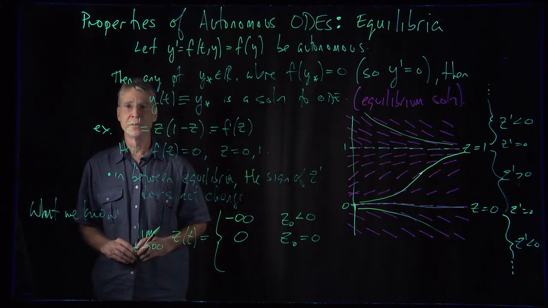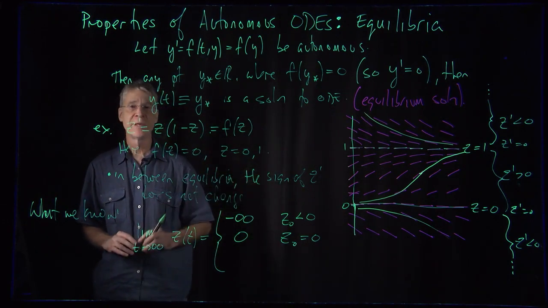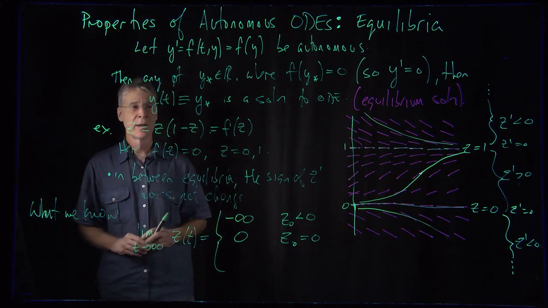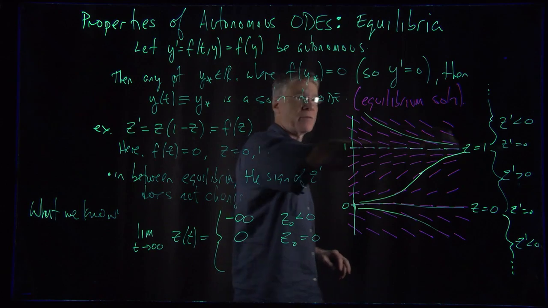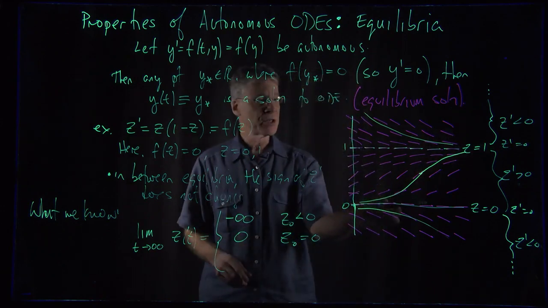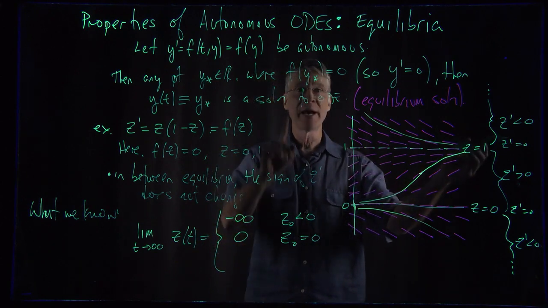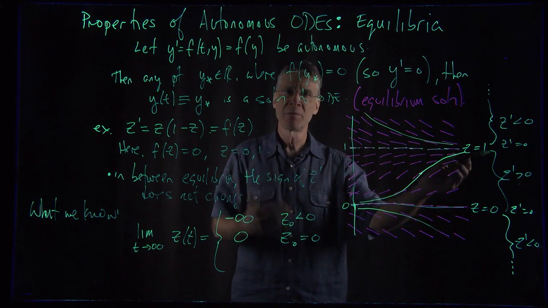But look at the slope field. Look at how solutions behave. Look at where every other solution goes. I have an equilibrium at 1, which will stay at 1 forever. Anything that starts with a positive z0 will automatically slowly rise and be asymptotic to 1. It must be.